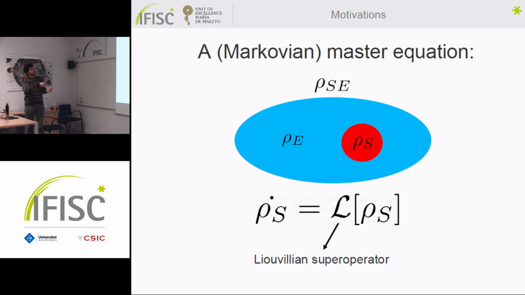And this is what is called a Markovian master equation, in this case. This is what we basically study every time in open quantum systems. It's actually very simple, after all. It's a very simple differential equation; the solution is an exponential. And all my talk now will be about this Liouvillian superoperator and the symmetries of this Liouvillian superoperator in some physical situations.